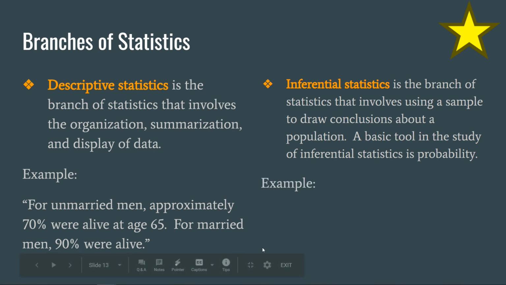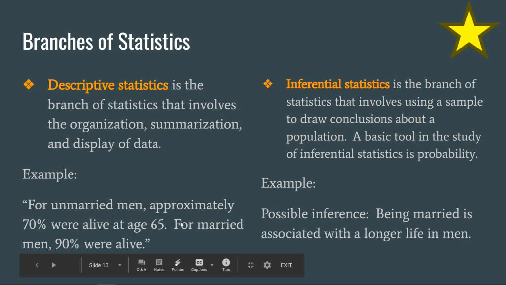So an example would be using what we just saw in the descriptive statistics, we can give a possible inference that being married is associated with a longer life in men, because our descriptive statistics said 90% of men who were married were alive at age 65, whereas 70% of those unmarried were. So that gives us kind of an inference.